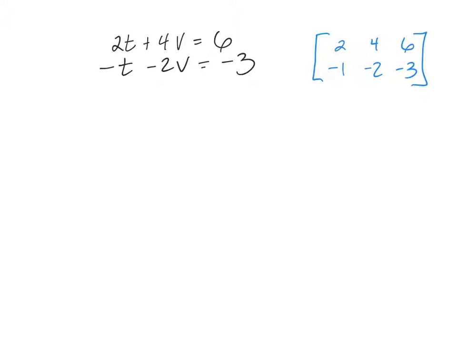In your calculators, you're going to hit second matrix, which is down on the left side of the calculator. And then you're going to go to edit, so go over to edit.